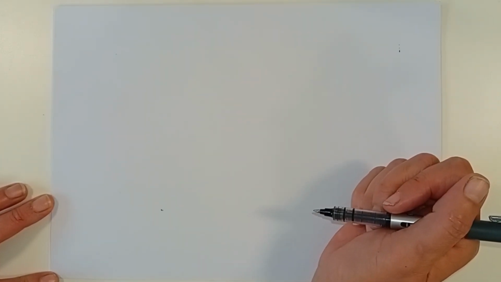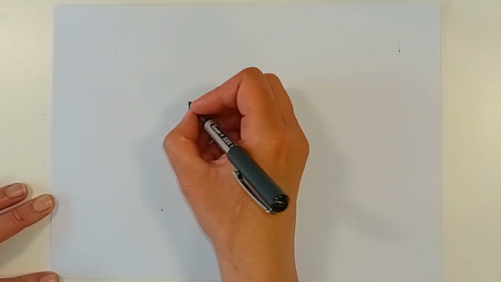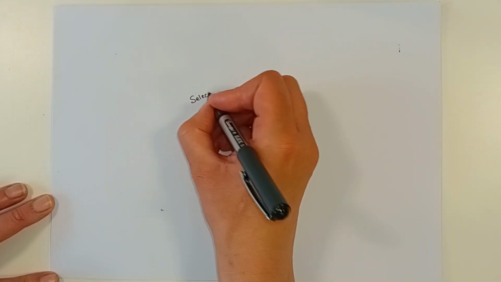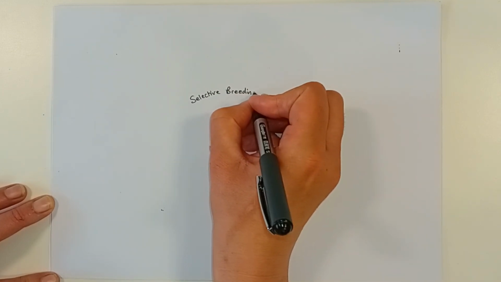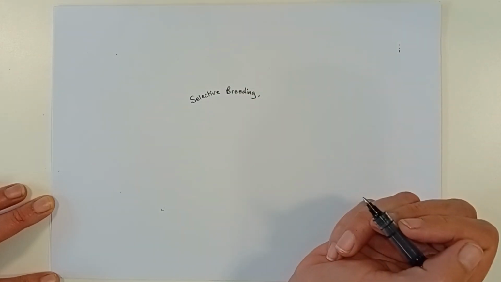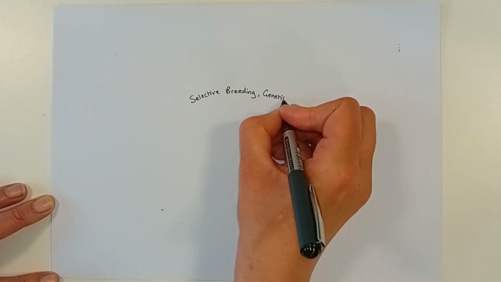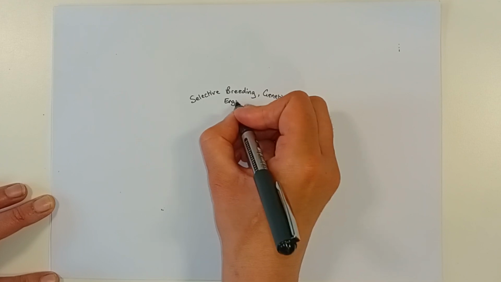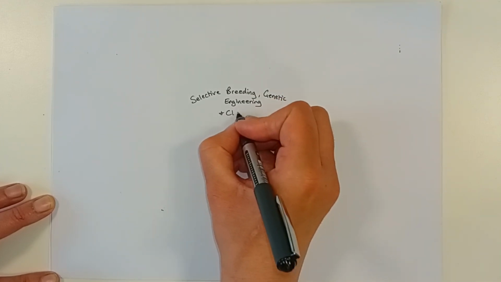Let's get started. So like I said at the start, this is a collection really on how animals have changed or grouped over time. And it's got quite a long title, therefore. It's selective breeding, genetic engineering, and classification.